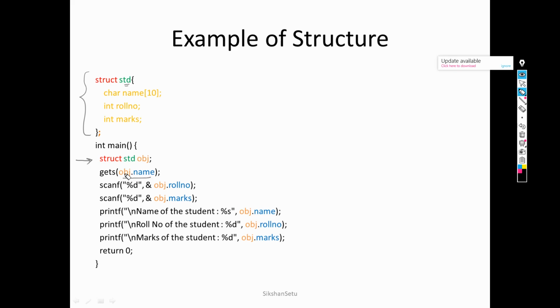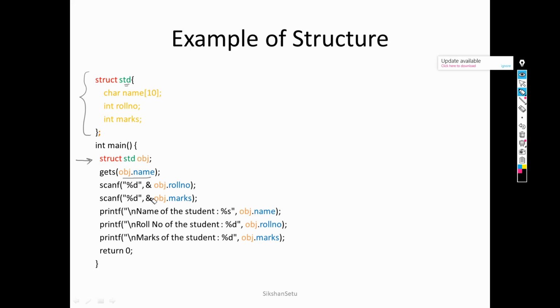So it was object name dot data member name. Here my object name is obj, and the data member is name. So obj dot name. I cannot directly write name. I need to write object name dot data member name.